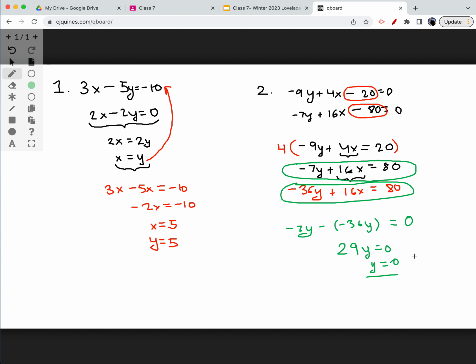So now that we have y is equal to 0, we can substitute that back into this equation here. So that means x is equal to 20 over 4, so x is equal to 5. So we have x is equal to 5, y is equal to 0. So does anyone have any questions on either of these two systems?